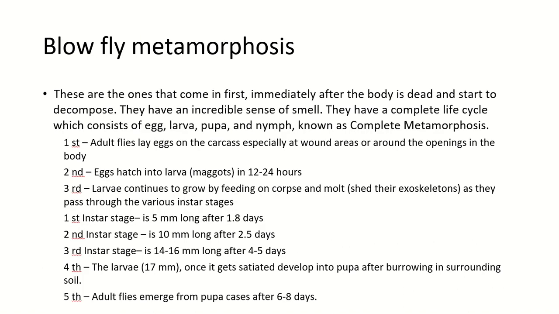The life cycle of blowfly. The life cycle of blowfly consists of egg, larva, pupa, and adult. This is known as the complete metamorphic cycle. First, the adult fly will lay eggs on the area surrounding the wound or around the openings of the body, mouth, nose, etc. Second, the egg will hatch into larvae or maggots within 12 to 24 hours.